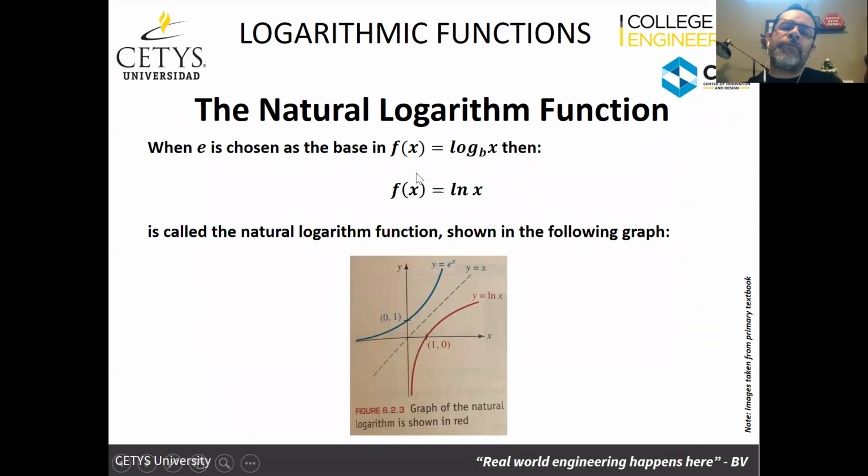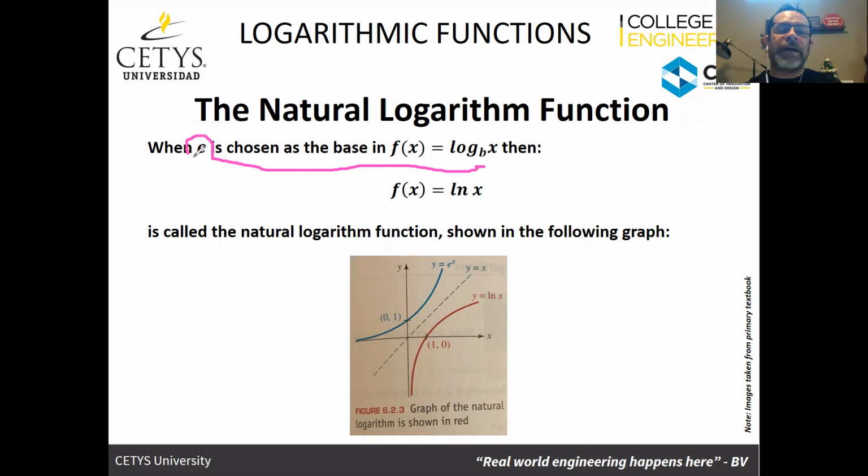So now, if we choose as B the value of E, or Euler's number, the one we just mentioned, and that would be the base for our logarithm, then it's a special function that's called the natural logarithm.